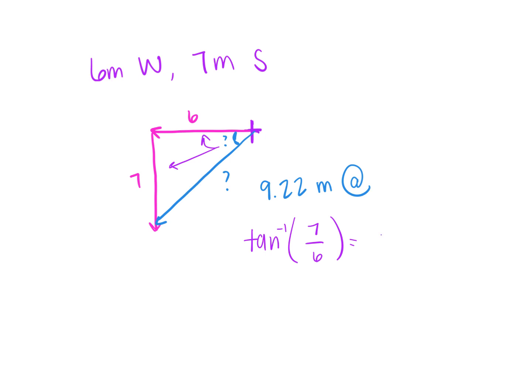And that gives me 49.4. So this is at 49.4 degrees. Okay, and so here's my origin. Can we just say southwest? Nope, that won't work like that. What do we think? Is it south of west or west of south?